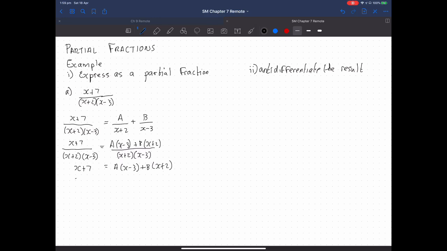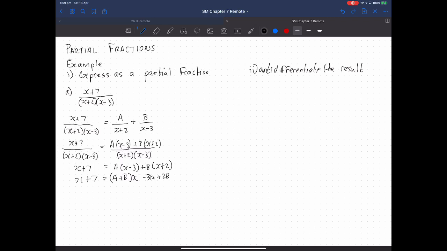Now what I can do with the right-hand side is group our like things together. We have ax + bx, so (a + b) times x. We then have -3a and +2b.